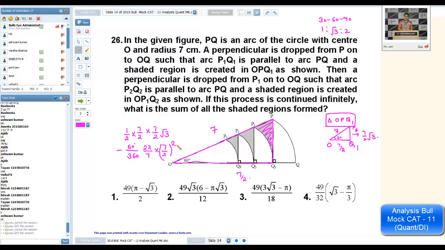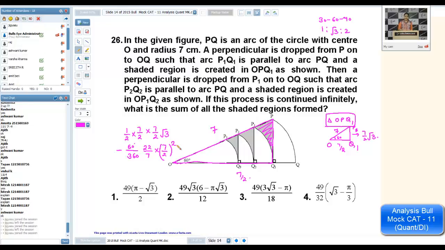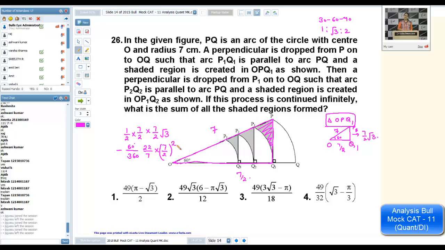In the same manner, you can find the remaining shaded regions. We'll get a GP there, a GP of infinitely many terms. You can apply the formula a upon 1 minus r to find the sum. Is it okay now? No, Ajit, Hitesh, see, 7 was the radius for the biggest arc.